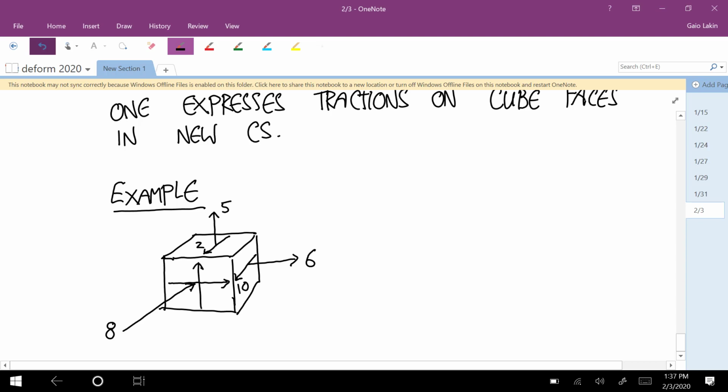Okay, so let's say that that's our stress, that represents our stress tensor. And we'll start out with it in this coordinate system.